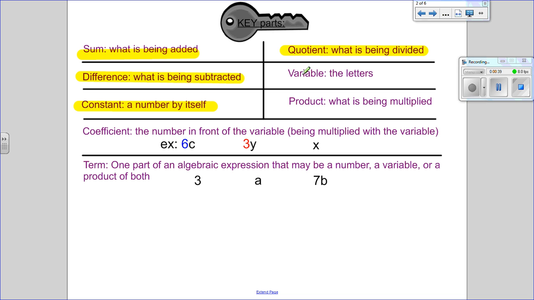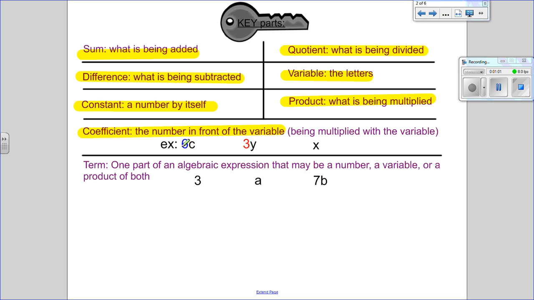The variable are the letters or symbols being used to represent a number. The product is what is being multiplied. And a coefficient is the number in front of the variable. It's being multiplied by the variable.